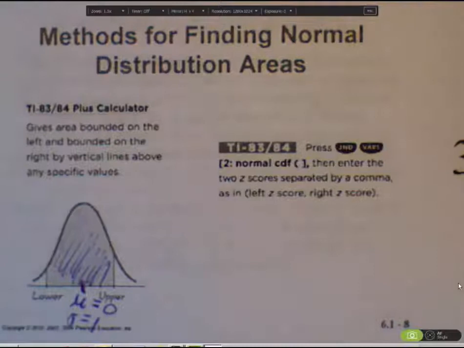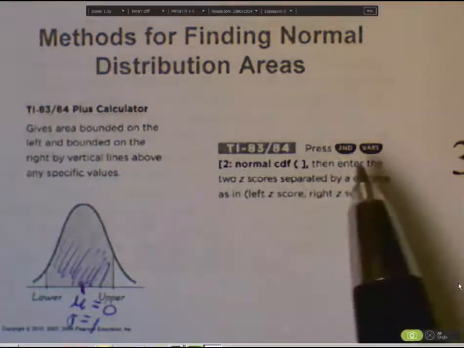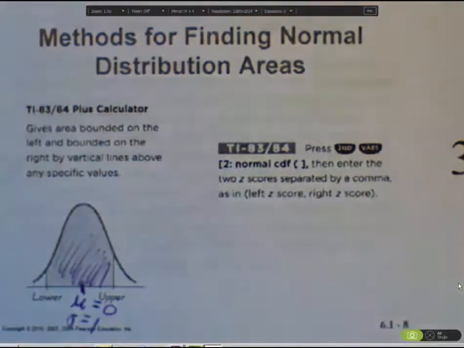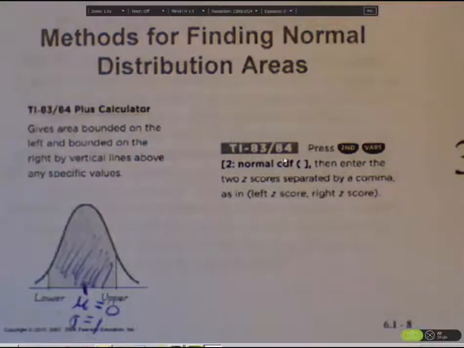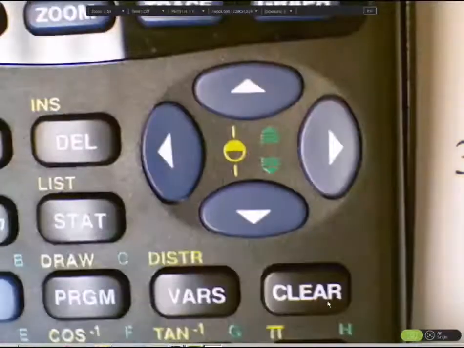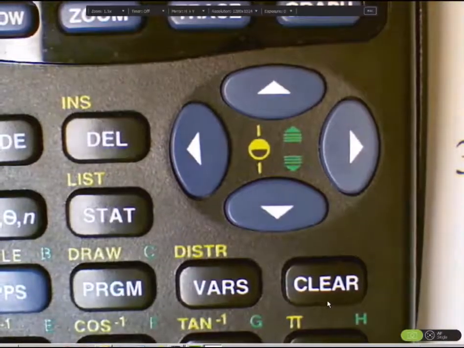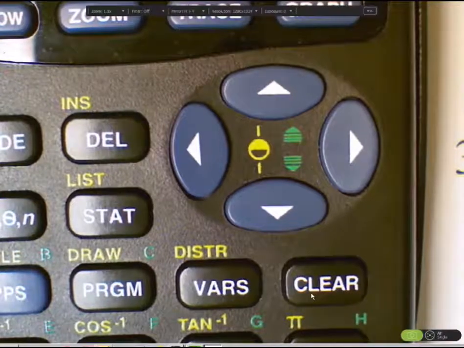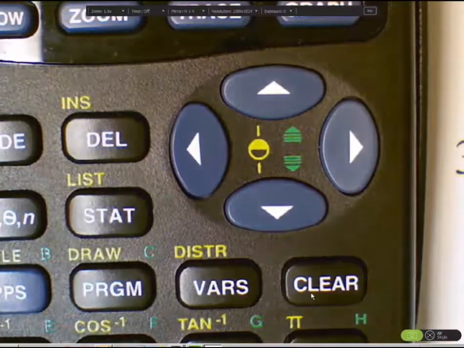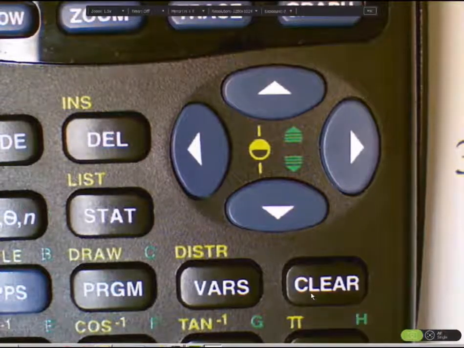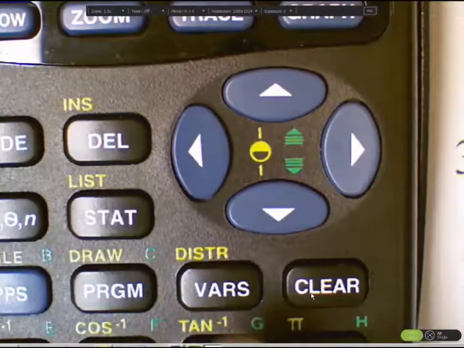On the calculator, that is under your VARS menu, right above the VARS button on your calculator. It says distribution, DISTR, and to access the function that we need, I'm going to press second and VARS.